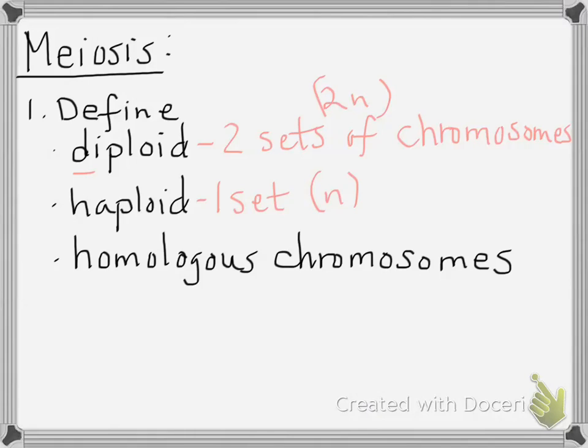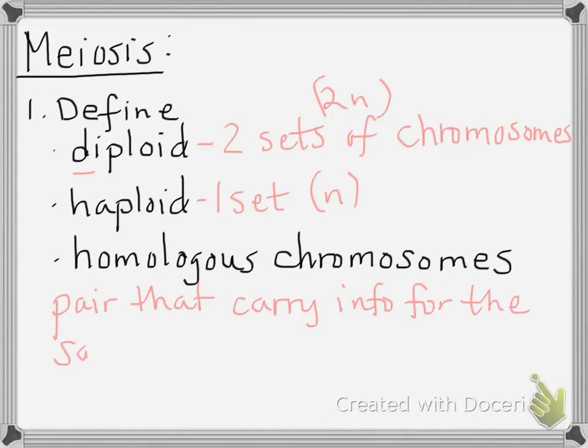Okay, then I have, what are homologous chromosomes? Well, first of all, they've got to be a pair. They're the same. How come you always get a pair of homologous chromosomes?